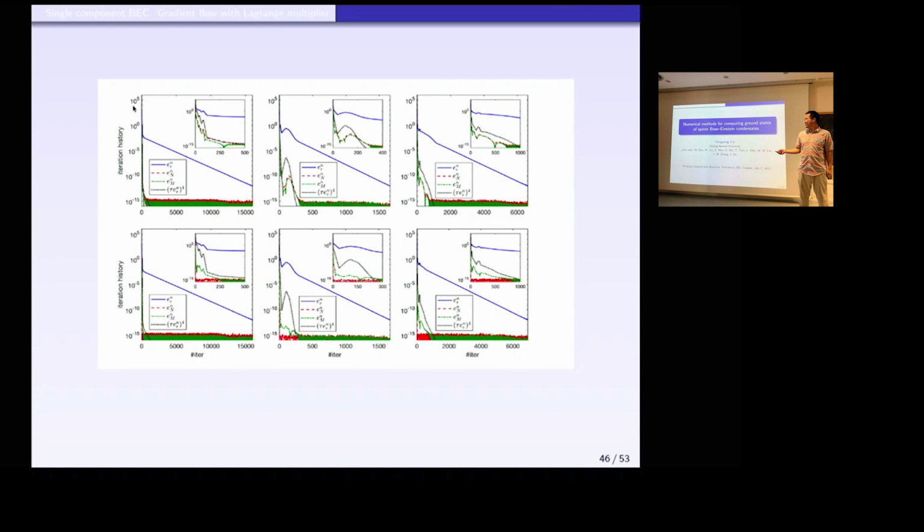But soon you will see these two deviations can be conserved to machine accuracy. So that means the gradient flow process will automatically correct the solution onto the manifold.